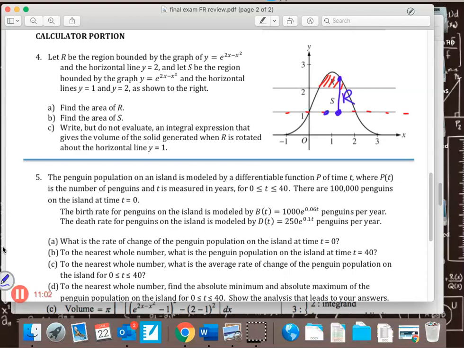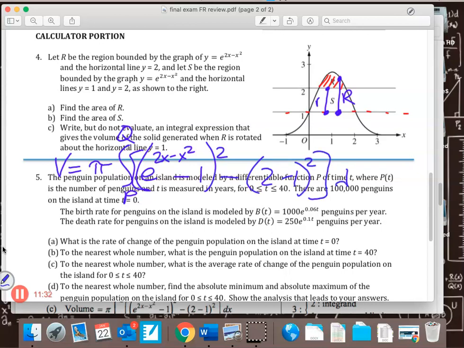That's big R. Axis, nearer boundary. That's little r. So our volume, pi, don't forget the pi, integral, what did they use, P and Q? I don't remember. P to Q of, so big R would be your E function, e to the 2x minus x squared minus 1, squared, minus 2 minus 1, squared.